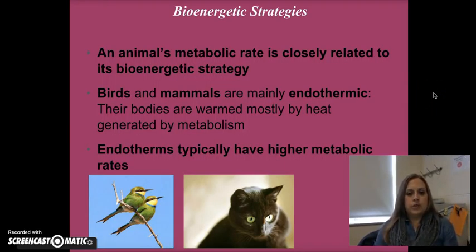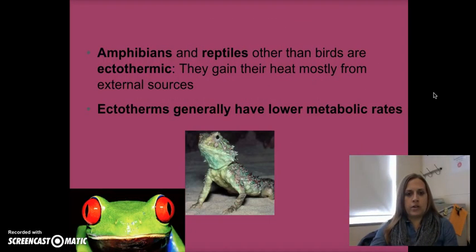Now, there's a couple different bioenergetic strategies that animals can use. And so an animal's metabolic rate is very closely related to which of these bioenergetic strategies is used. So birds and mammals are mainly endothermic, meaning that our bodies are warmed mostly by heat that we generate by metabolism. And so because of this, endotherms typically have a higher metabolic rate.